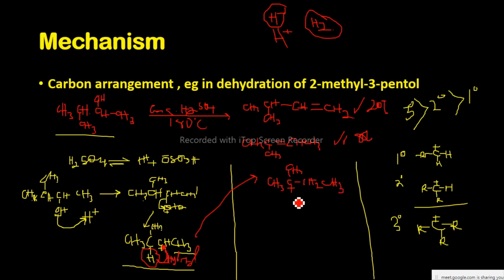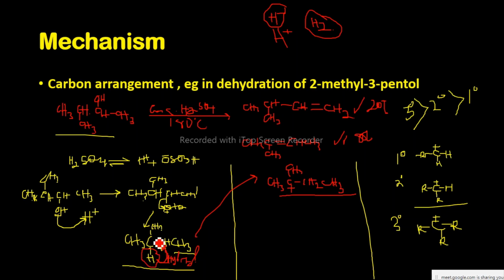Now, isn't this one a tertiary carbocation, which is more stable? Yes, it is. Now our compound is stable, so it can proceed to the next step. The moment you form this, the compound undergoes rearrangement to form a tertiary carbocation, which is more stable than a secondary carbocation.